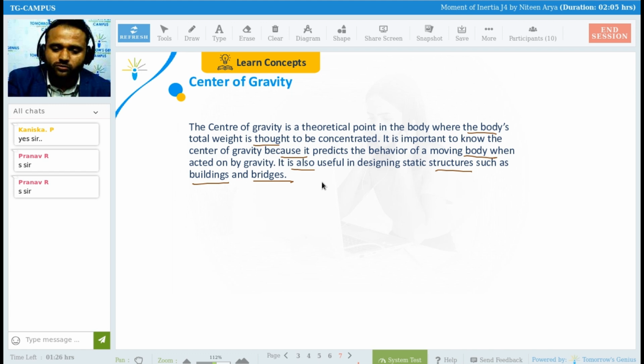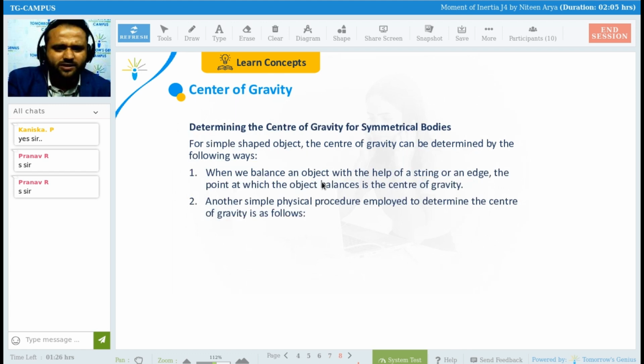Okay, so in the normal sense, determining the center of gravity of symmetrical bodies: for a simple shaped object, the center of gravity can be determined in the following ways. When we balance an object with the help of a string or an edge, the point at which the object balances is the center of gravity.